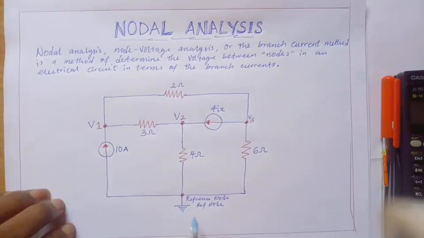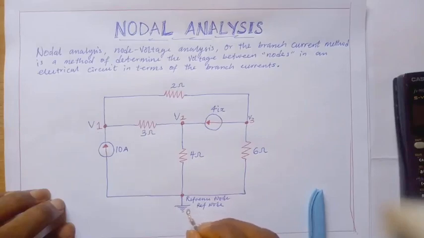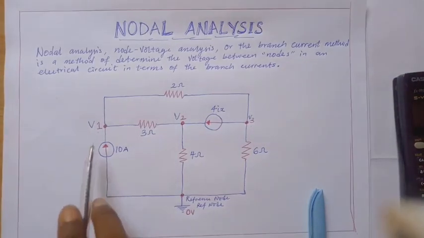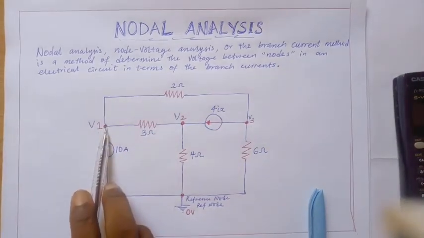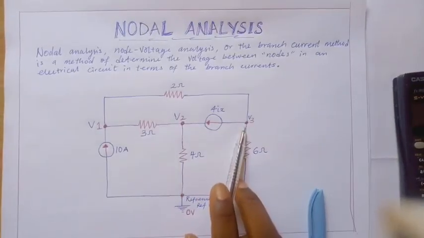Keep that in mind. Because it's connected to the ground, all of these come this way, so it's connected to the ground. So we call it the reference node, and the reference node is 0 volt. Have that in mind. So don't forget, we are going to calculate the voltage that drops here, here, and here.